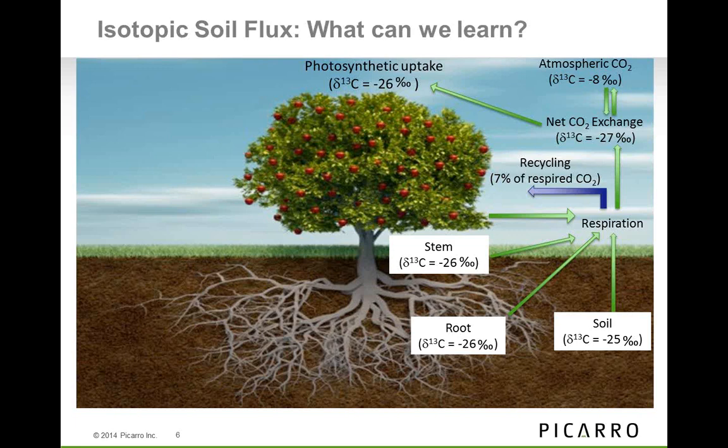You have the atmospheric CO2 that exhibits a delta 13C of -8 per mil. And then you have the photosynthetic uptake from -26 per mil down the stem, then the root, then you have the soil respiration that goes up. Part of this gets recycled through respiration, and then we have the net CO2 exchange going up to delta 13C -27 per mil. And again, these are all approximate values.